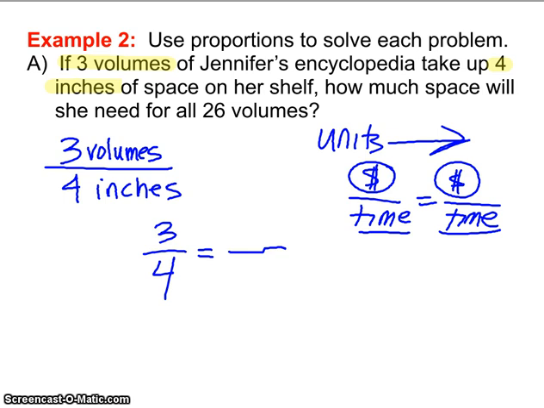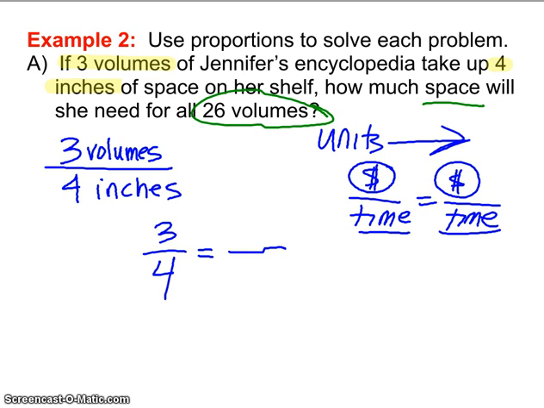The question says, how much space will she need for all 26 volumes? Now we know the number 26, right? Is 26 going to go on top or bottom?